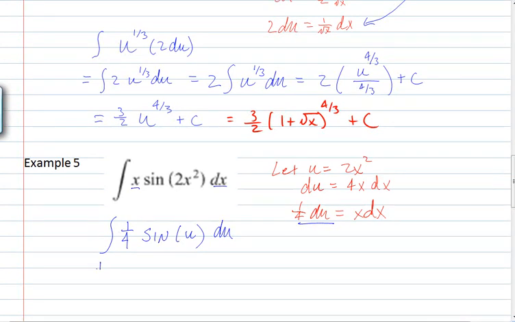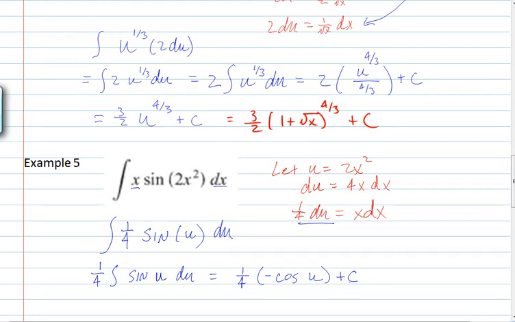By the way, the constant can come out. And this is going to be 1/4 times negative cosine u plus c. Remember, when you take the derivative of sine, you get a positive cosine. When you take the antiderivative of sine, you get a negative cosine.